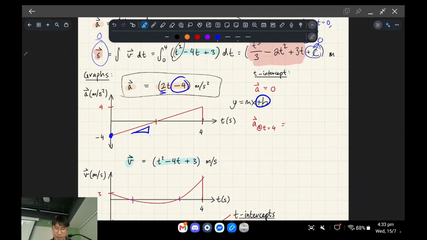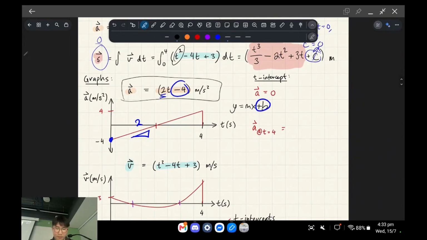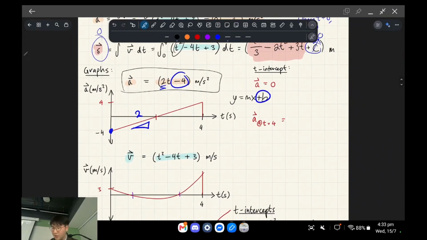And we might want to find other values of interest on this graph, for example the t-intercept, as well as whatever acceleration is at t equal to 4.